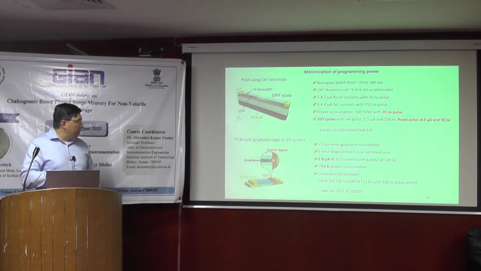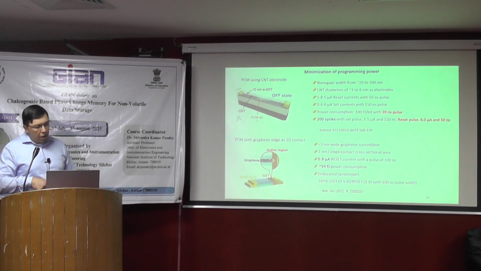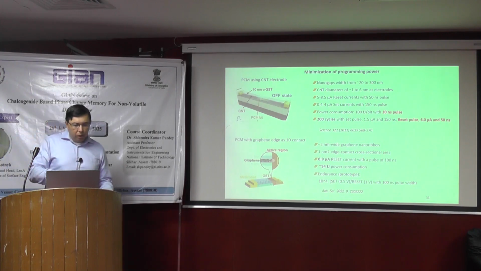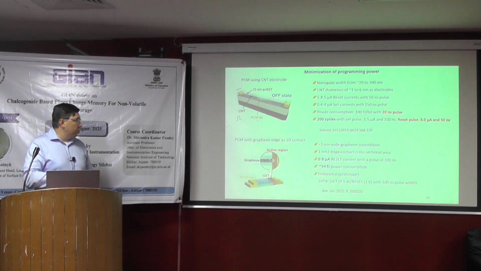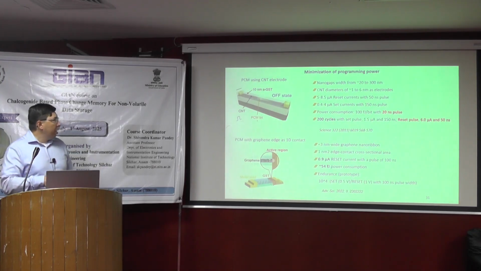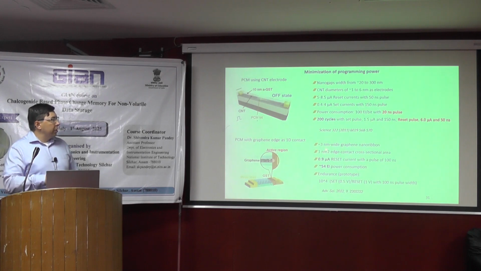Also, a very interesting new idea is to use graphene as the electrode instead of CNTs. Use the graphene as a 1D contact. Here you can use a 3 nanometer wide graphene nanoribbon as a contact area, and this is a very low cross section of each contact.